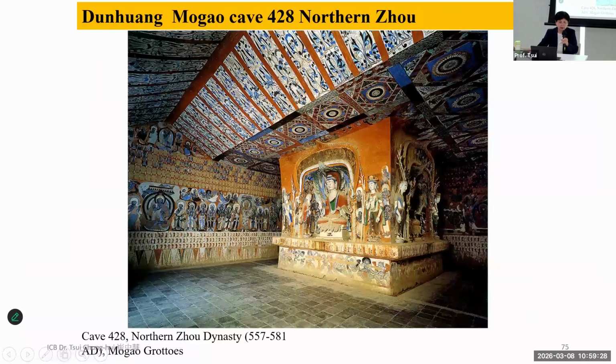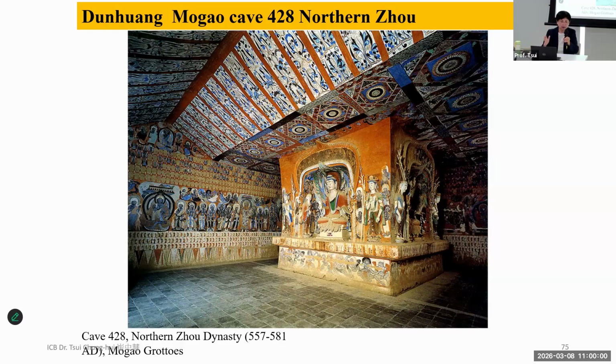And later in the Northern Zhou, following Northern Liang and Northern Wei, now we encounter a cave in Northern Zhou. During this time period, there were some very powerful Buddhist followers. One of the followers was a government official whose name was Yu Yi in the Northern Zhou.